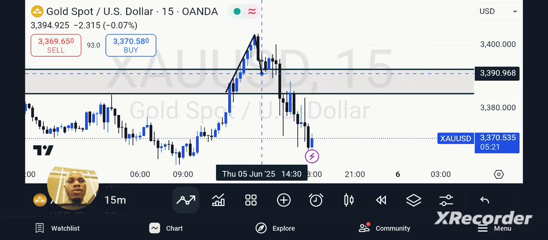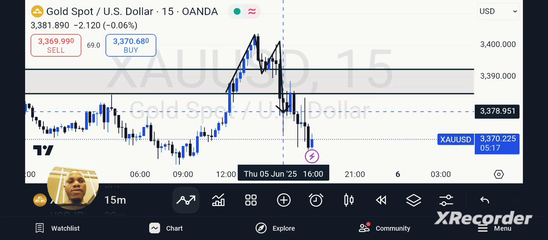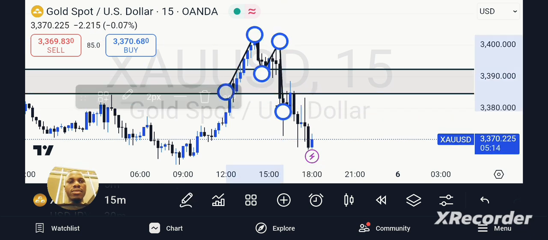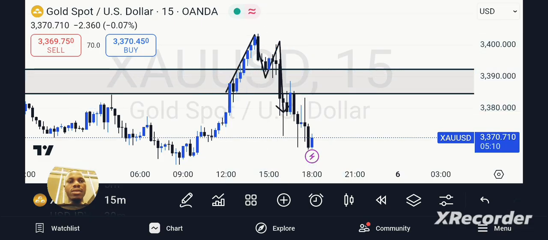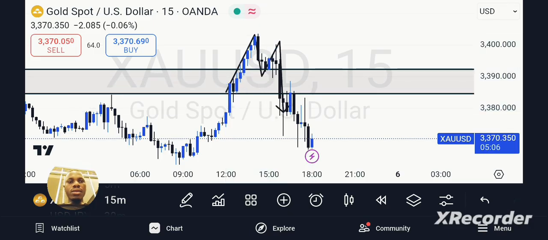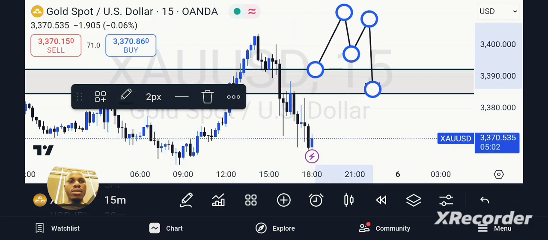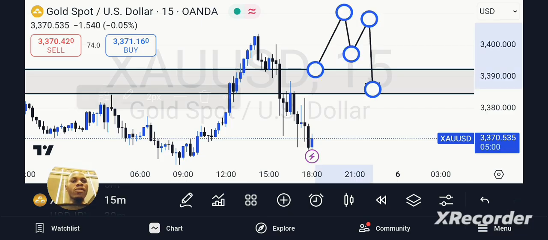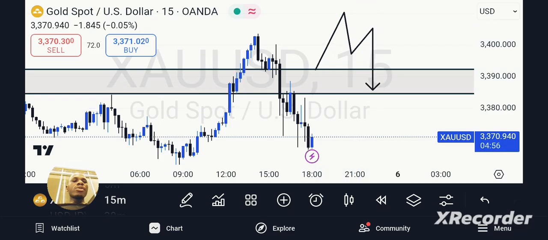You only have to look for this formation for you to be safe.